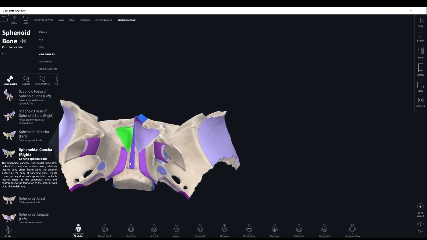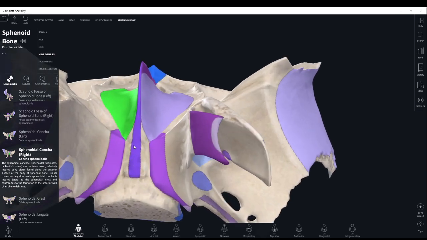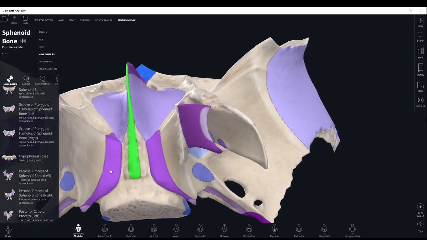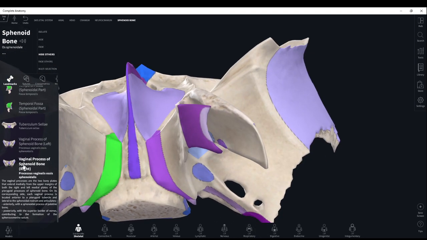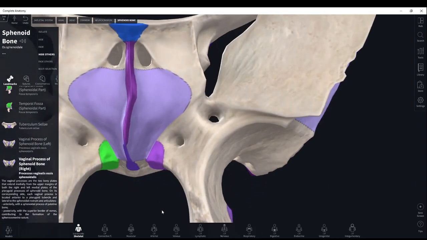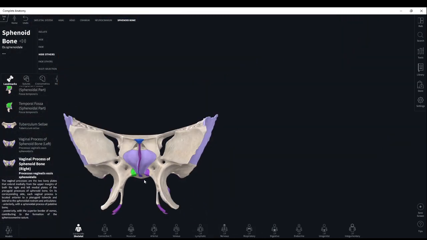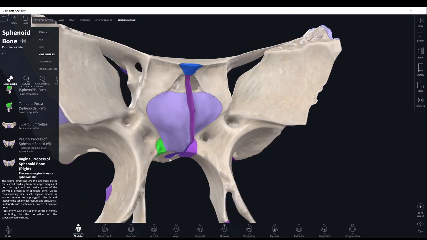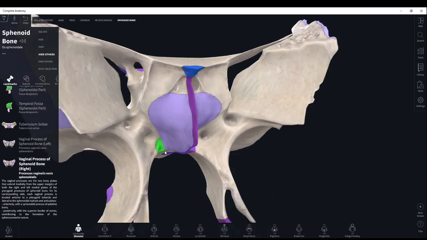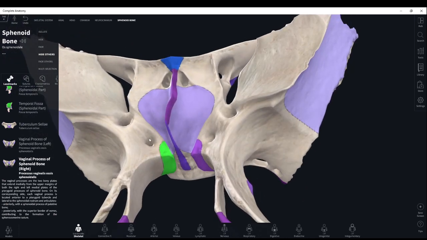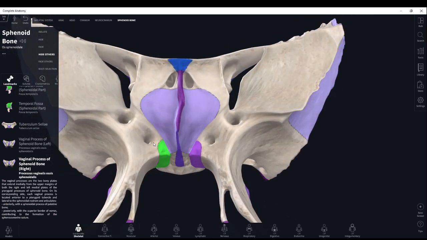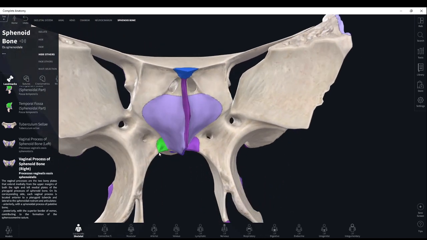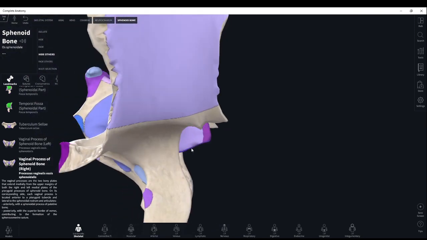On the inferior surface, there are the same structures, such as the sphenoidal rostrum, the base of the sphenoidal rostrum, and by its sides, the vaginal process of the sphenoidal bone, which is related anteriorly with the sphenoidal process of the palatine bone and posteriorly with the superior border of the vomer, and contributes to the formation of the sphenovomeral suture.